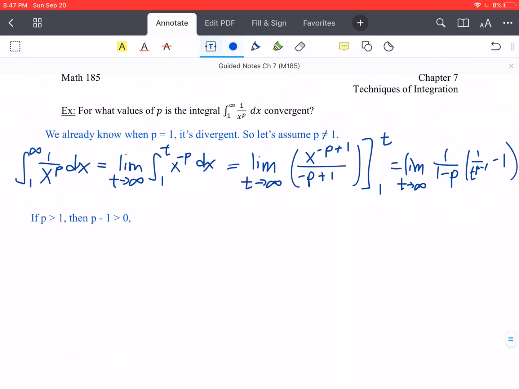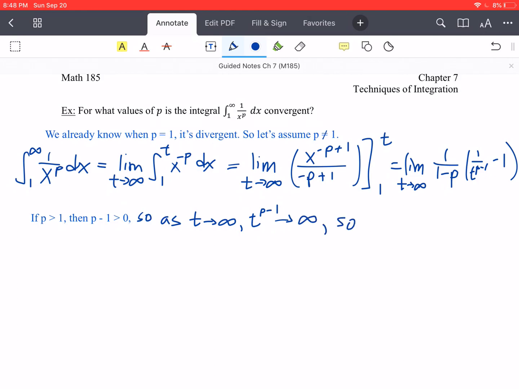So, as t approaches infinity, that denominator value, t to the p minus 1, so p minus 1 is greater than 0, so that means this is going to increase in power, because that's going to be positive. So this value is going to get bigger and bigger and bigger as t increases, because its power is also positive. So this is going to approach infinity.